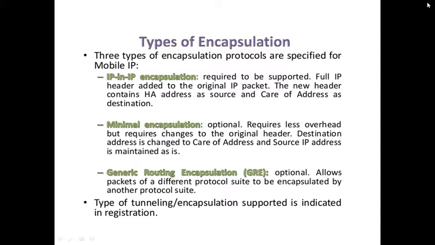Okay. So the first one is IP in IP encapsulation. In IP in IP encapsulation, it is required to be supported. It means it is very important that every encapsulation process has to obey or use this IP in IP encapsulation.